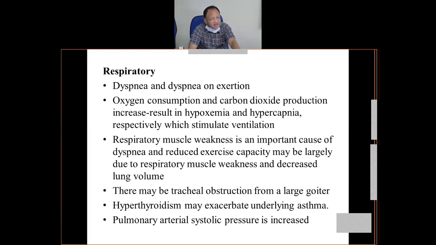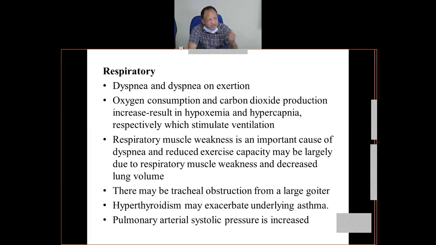Why do dyspnea and dyspnea on exertion occur? This is because there is an increased oxygen requirement, and because of increased requirement, there is increased oxygen consumption. In addition, carbon dioxide production also increases.